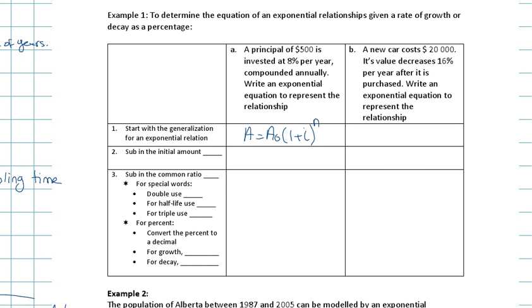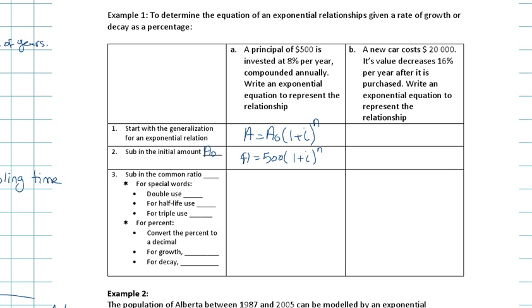What's your initial amount? What are you starting with? $500. Now, again, I'm showing you steps here, but when you're actually doing the question, you don't need to show all these steps, right? But I'm just showing you steps so we don't do it all at once.